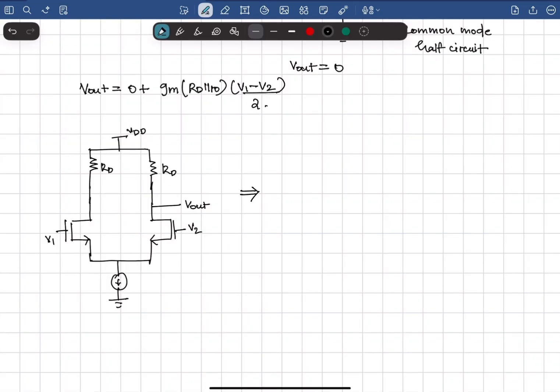Now I can realize this circuit as a 5 transistor OTA. I can replace the resistors with a transistor.